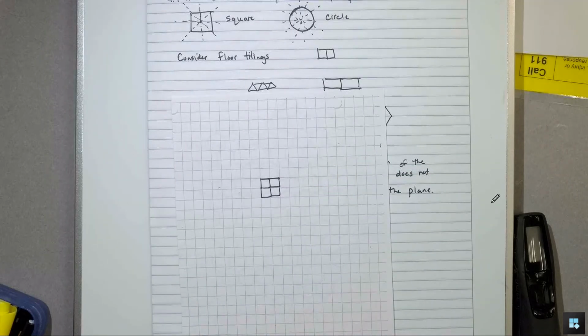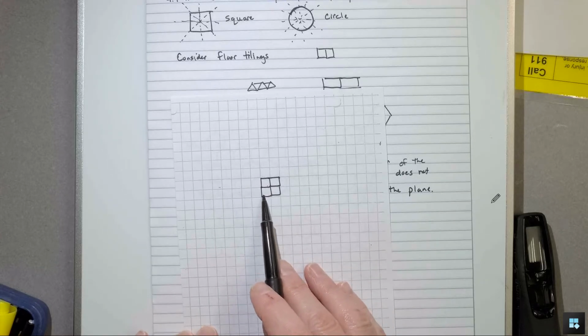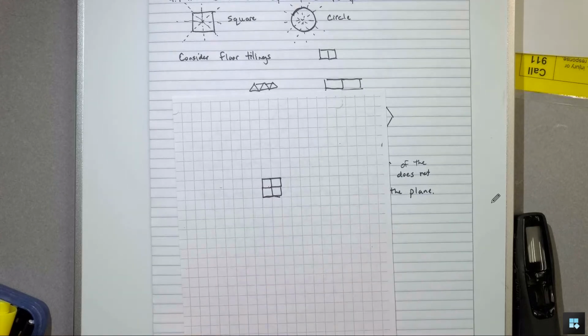So I could think of this as 4 little squares and call it a super tile, and think of the pattern as the 4 super tiles being repeated over and over instead of the 1 single tile being repeated over and over. So this is scalable because if I take the original tile and make a big tile out of it and use that to build with, well, I get the same pattern.